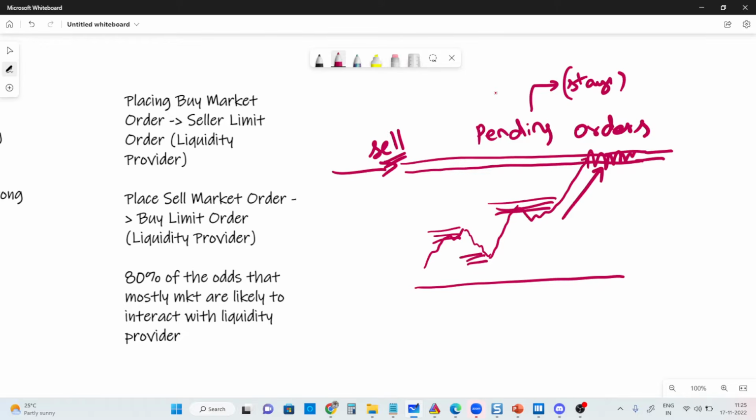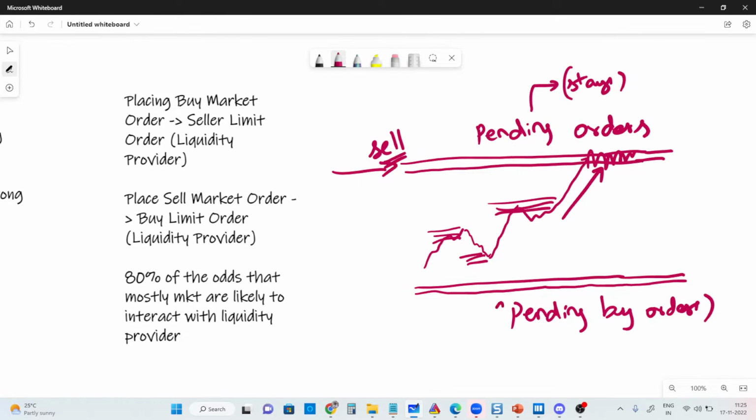So they float pending orders. Pending sell orders if they are keeping them at the top, and if they are putting them at the bottom, it could be pending buy orders most of the time.